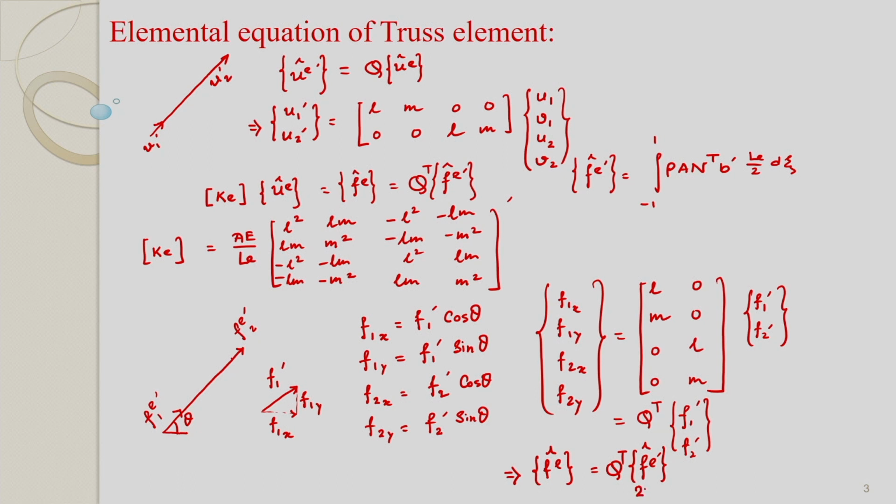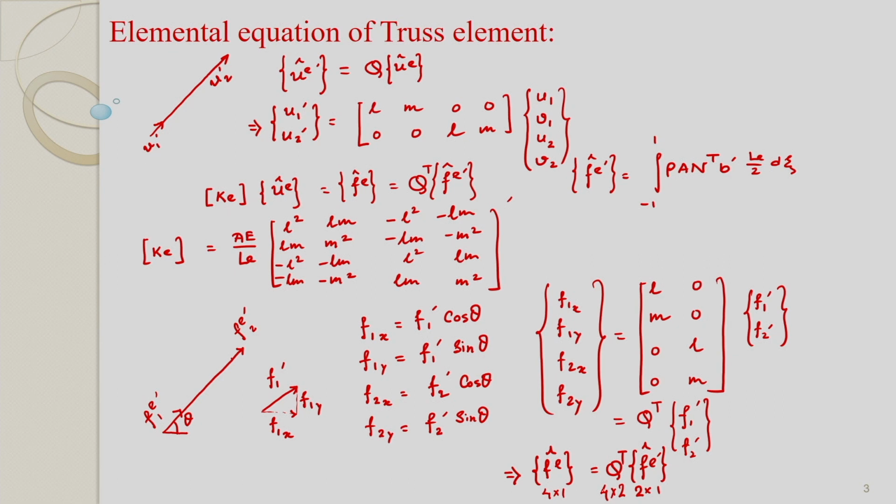So, at each node, these are in component form. So, f1 x, f1 y, f2 x, f2 y. So, it is 4 cross 1. So, it is multiplied with this 4 cross 2.